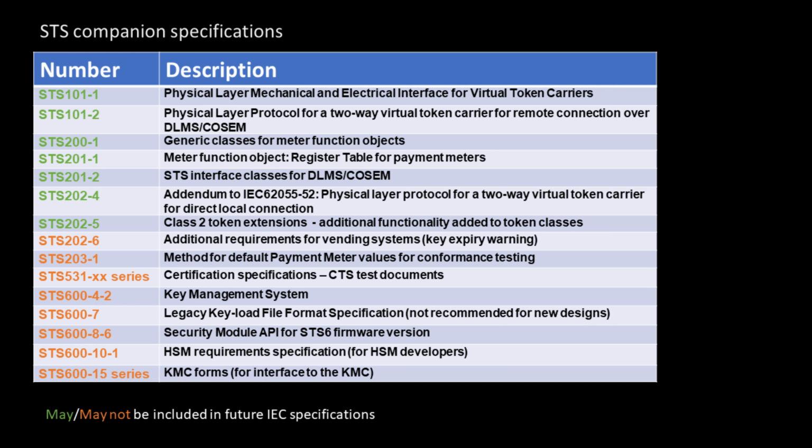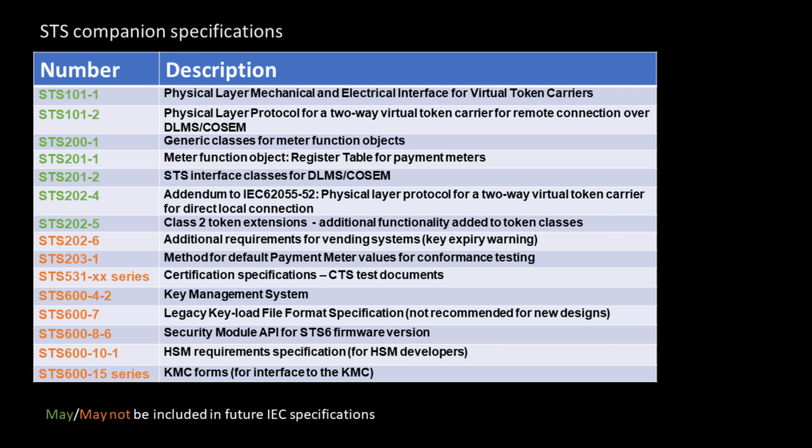Generic classes, meter function objects, STS interface classes for the DLMS COSEM. The 201-2 and the 101-2 may well become part of the international standard at some point, or even somebody else's international standard, like the DLMS User Association. Then you get something like STS 202-4, which is already named as an addendum to IEC 62055-52.